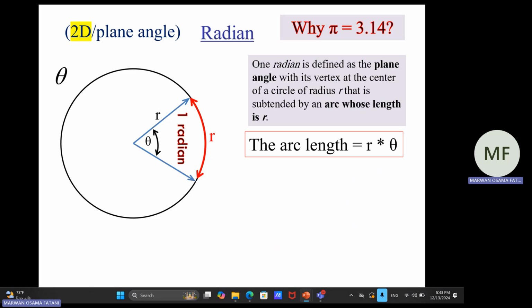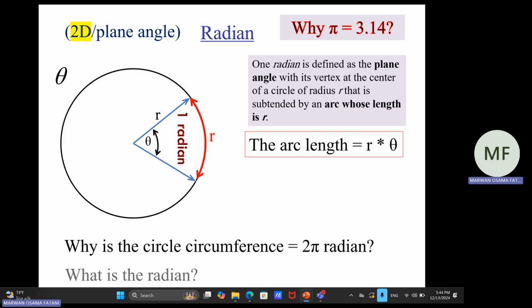To begin, we are first going to talk about a prerequisite for all of this, and that is the steradian. Now, what is the steradian? We are all familiar with pi, which is equal to 3.14.